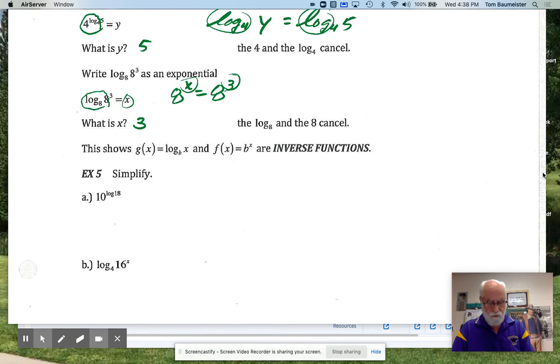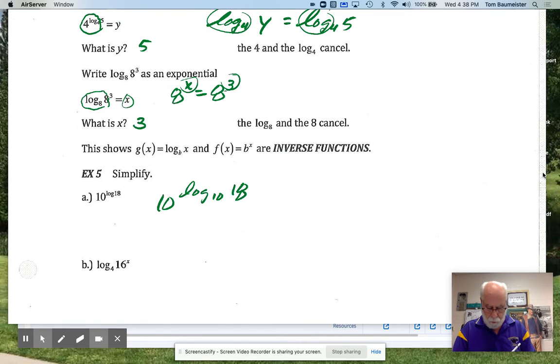So example 5 here, simplify. So we have 10 raised to the log 10 of 18. Well, it just says log, but remember, if it doesn't have a subscript, we know it's to the base 10.